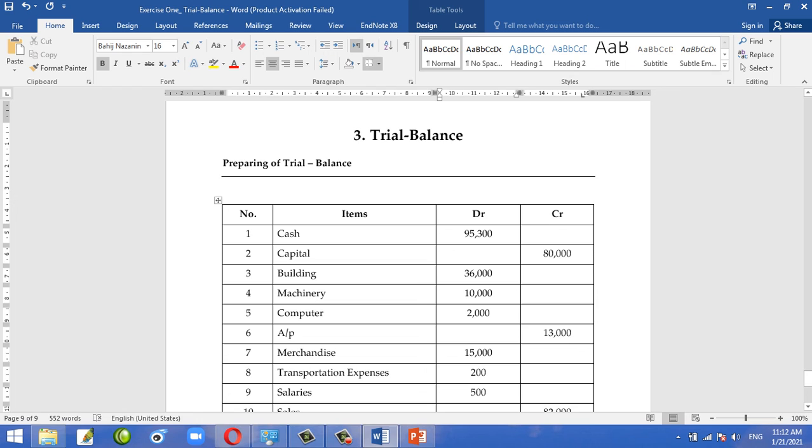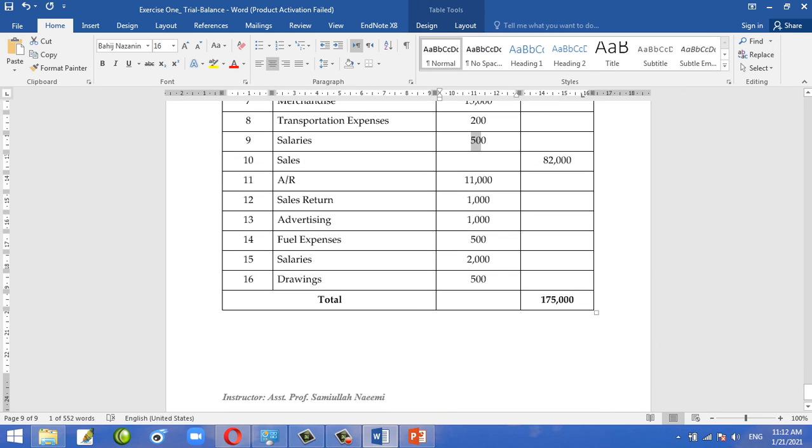We have 95,300 plus 36,000 plus 10,000 plus 2,000 plus 15,000 plus 200 plus 500 plus 11,000 plus 1,000 plus 500 plus 2,000 plus 500.